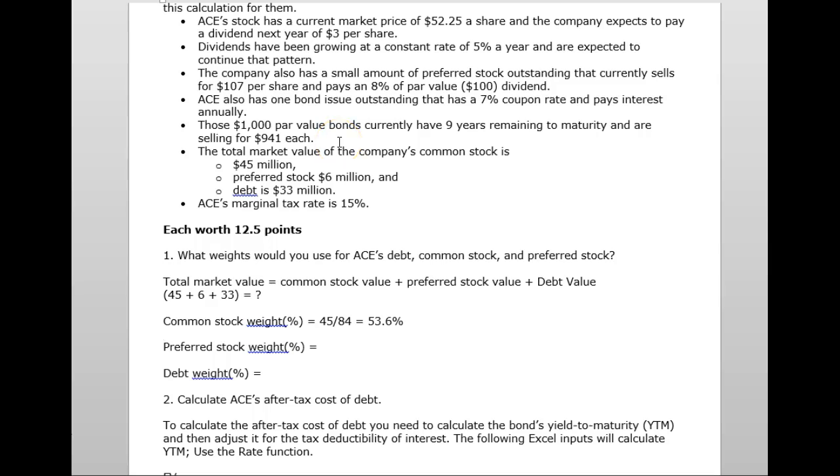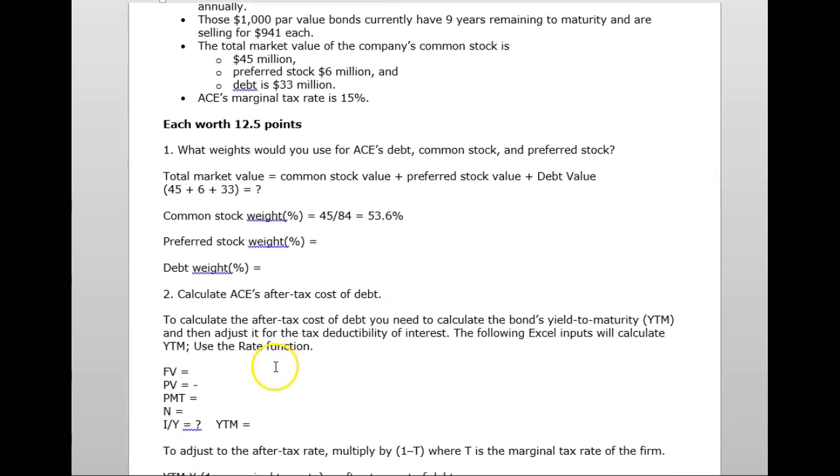Now we're asked to find their yield to maturity. And to find that, you'll take these numbers. All you have to do is take one bond. You're looking for a rate. So you have a future value of 1,000. The present value is $941.